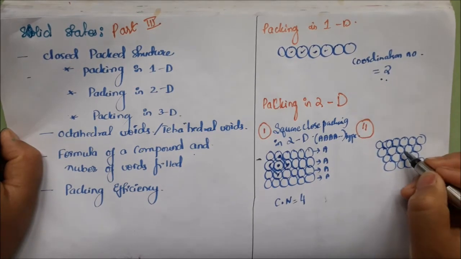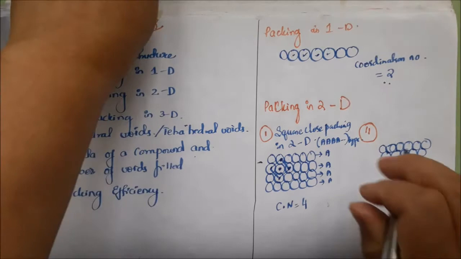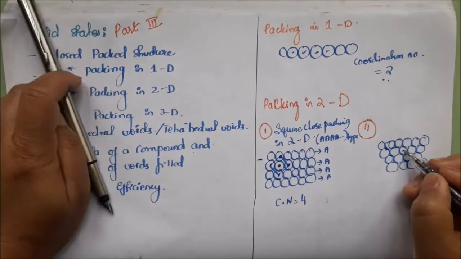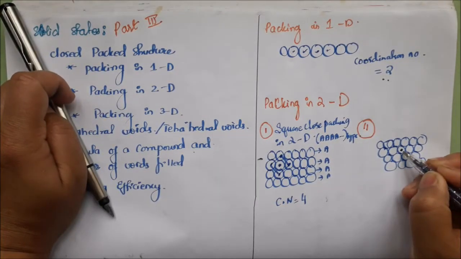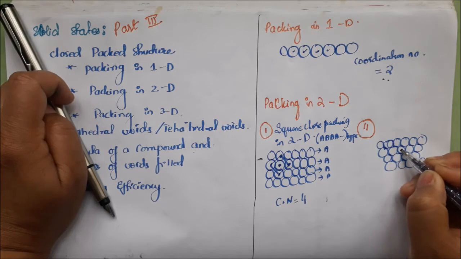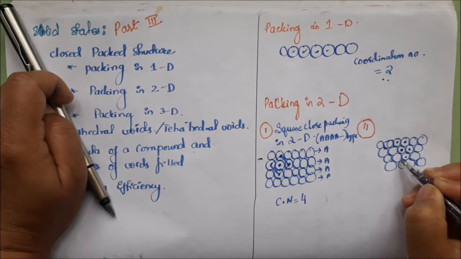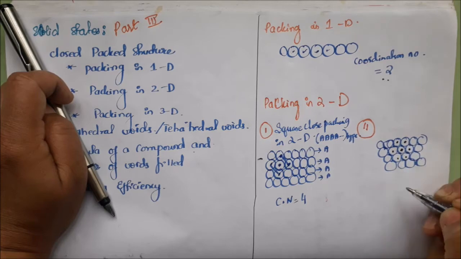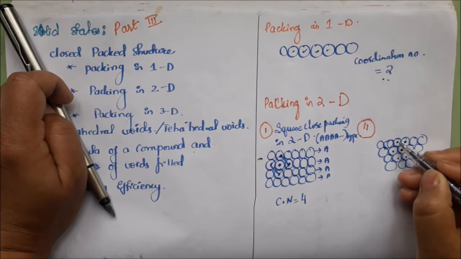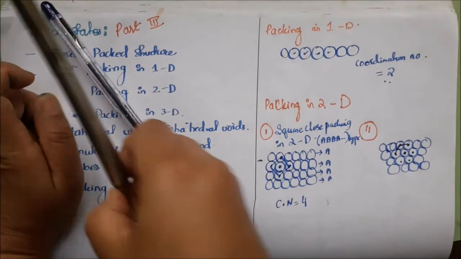Now consider any one particle. What is the coordination number of this particle? This particle is touched by this one, this one, and so on. So it is touching 6 atoms.